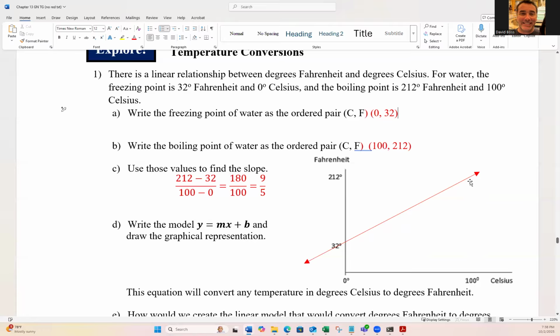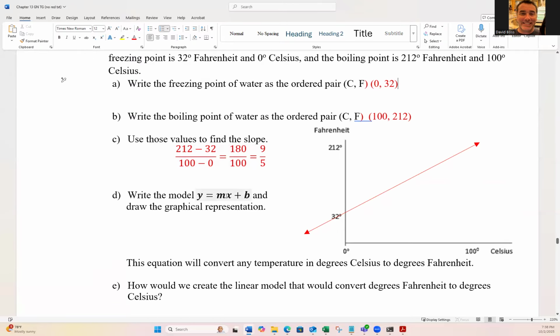The run is 100 minus 0. So we're going from 0 to 100 here, and from 32 to 212 here. So the rise is 212 minus 32, and the run is 100 minus 0. It equals 180 over 100, which reduces to 9 over 5. So now, in a sense, you could replace this with 9/5.